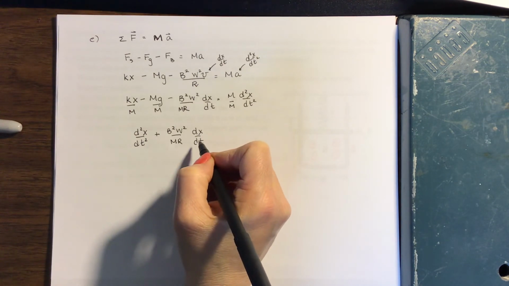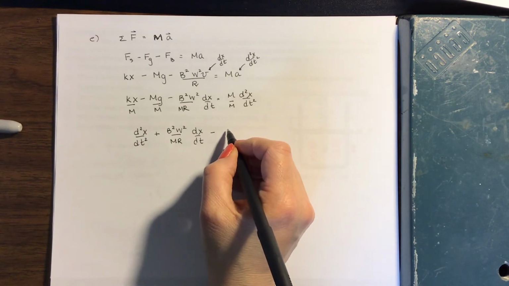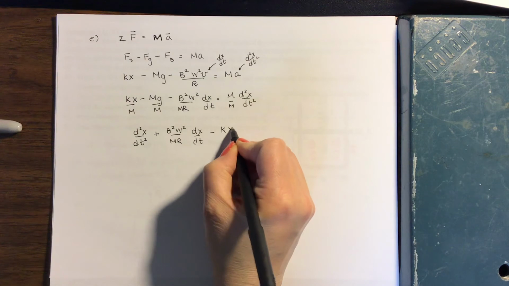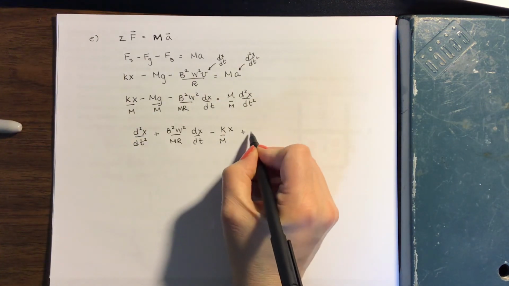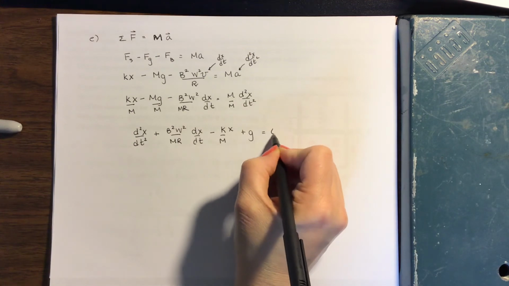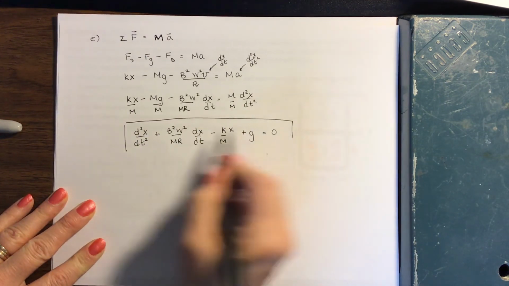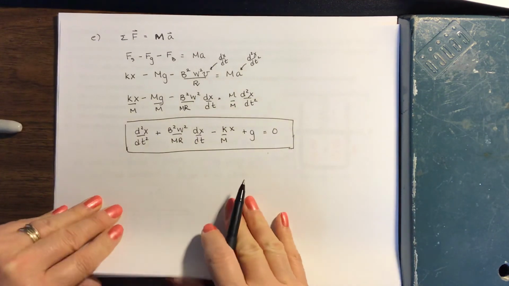I'm going to do my x term next. I've got minus, yes, because I have to bring that to this side, that's going to make it minus k times x over m. And then as I bring this one over, that one becomes plus equals 0. This is a very interesting expression for Newton's second law, and this is going to help us answer part F.